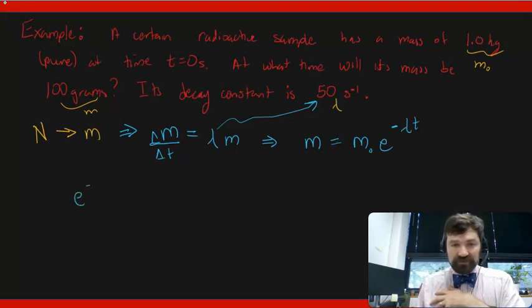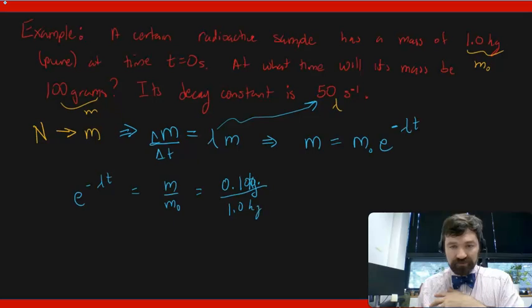So I should be able to basically solve. I have e to the negative lambda t is equal to m over m naught. And so that is 0.1 kilograms, excuse me, 100 grams, divided by 1.0 kilograms, which is just 1/10.